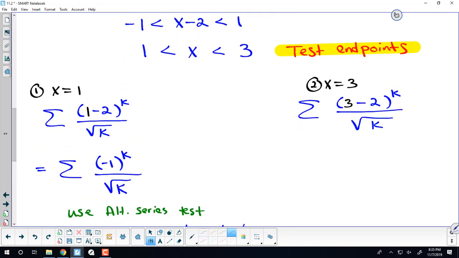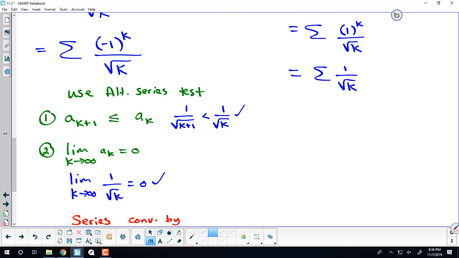All right, and then this sum, we've got 1 to the k over root k, which is just the sum of 1 over root k. So now we've got a p-series with p equal to 1/2, less than 1. This series diverges.